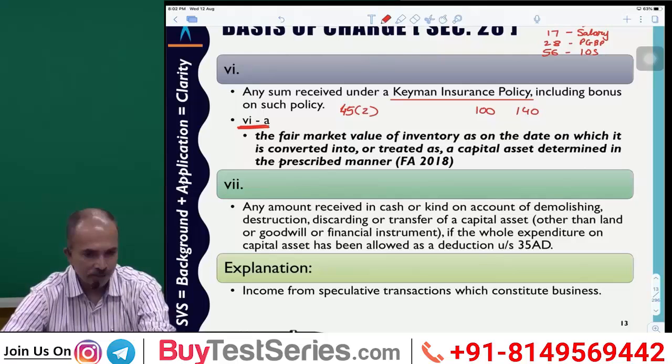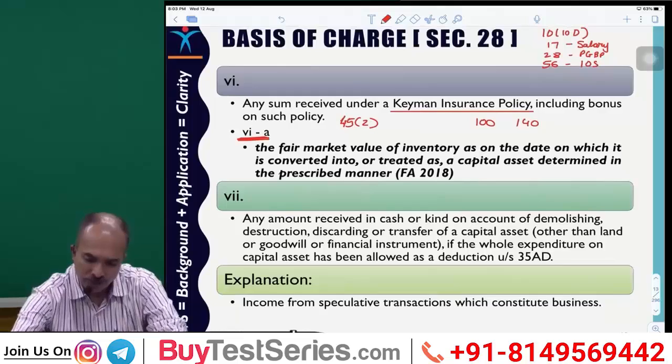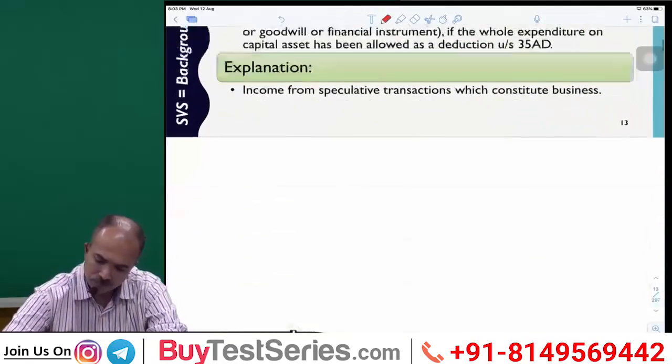So what they are saying, business income will include what? Fair market value of the inventory as on the date on which it is converted into or treated as a capital asset. To give you an illustration, let us say you are a builder.